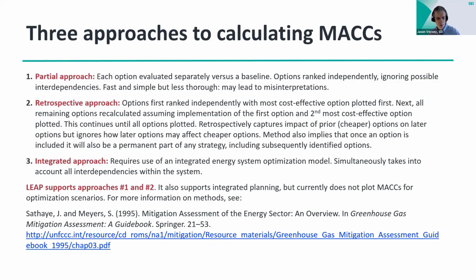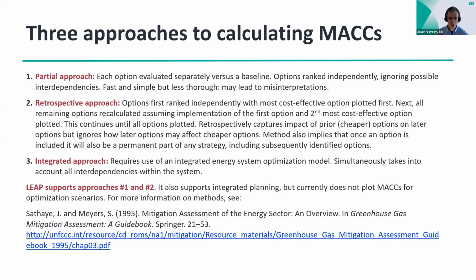The second option is called the retrospective approach or the retrospective systems approach. And so basically what happens here is that the options are first evaluated independently versus the baseline. The most cost-effective option is assumed to be implemented. And all of the remaining options are recalculated, assuming that the first option is implemented. And the second most cost-effective option is added, and so forth.